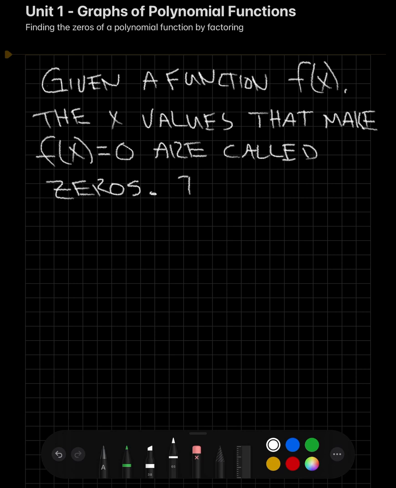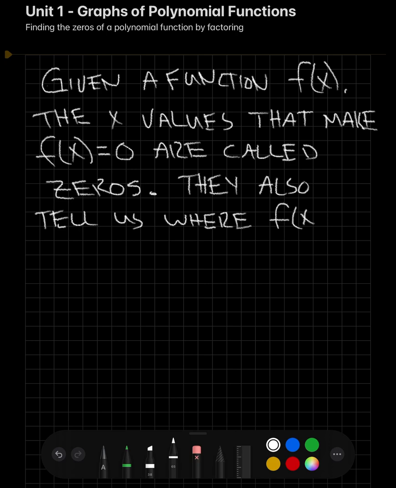They also tell us where this graph would cross the x-axis. So they also tell us where this function, f of x, crosses the x-axis. So they're important in graphing.